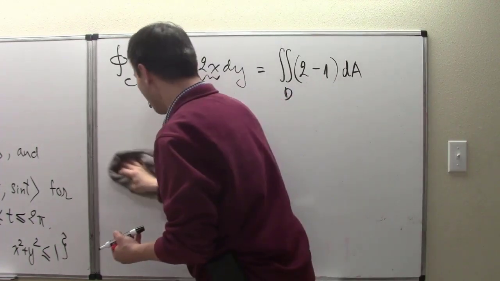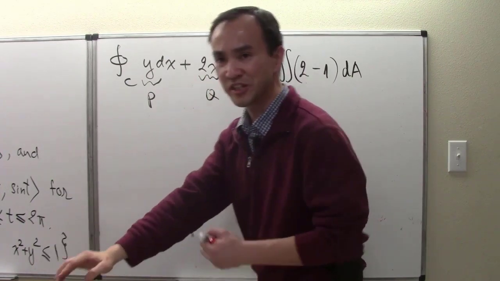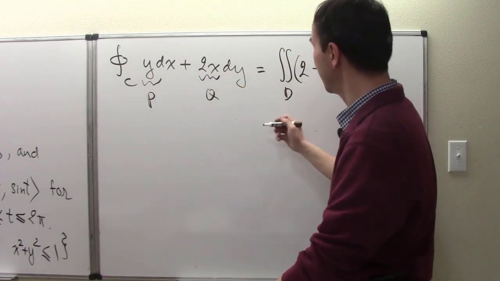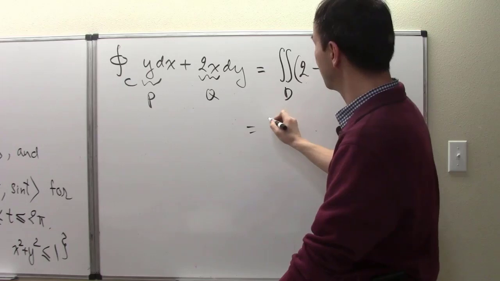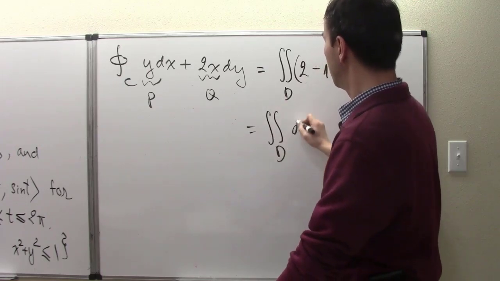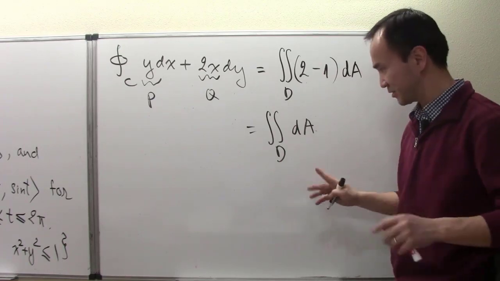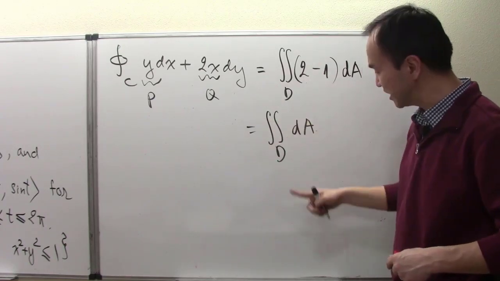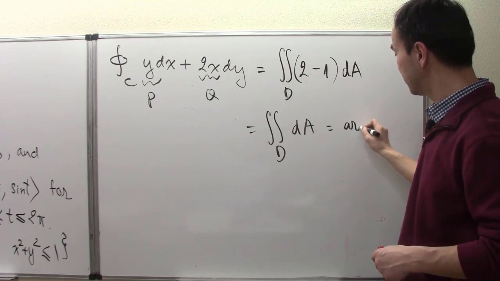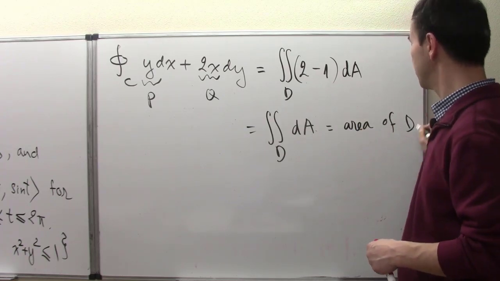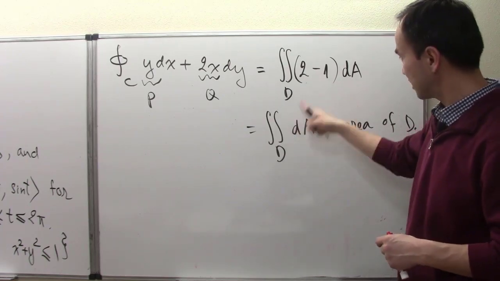But most precisely speaking, I can just simply see this as, 2 minus 1 is really a double integral dA. For this problem, it's just going to be simply the area of D, because 2 minus 1 is 1.